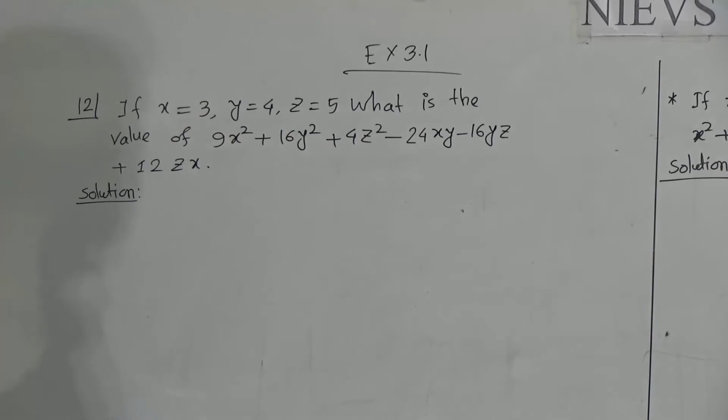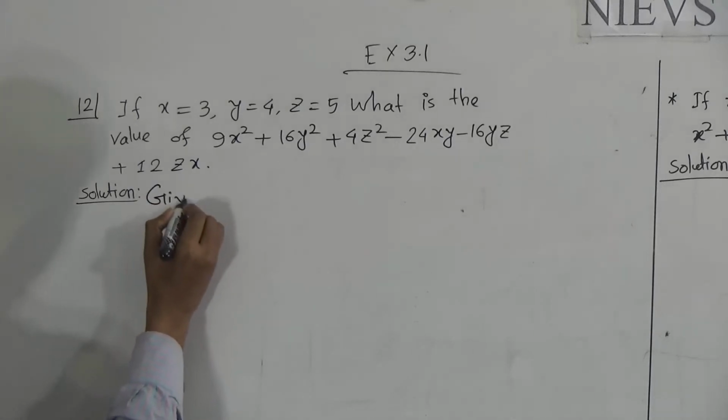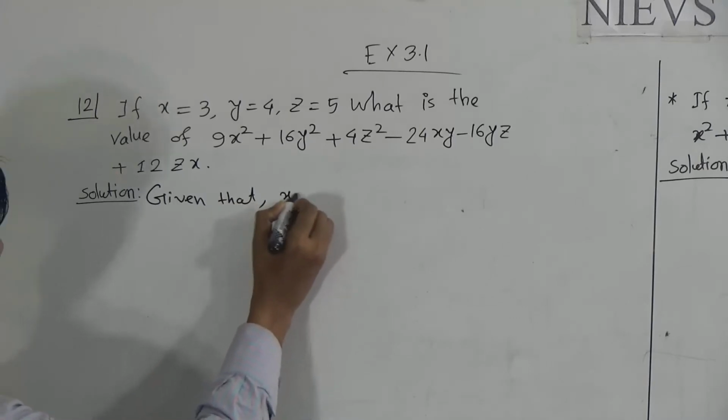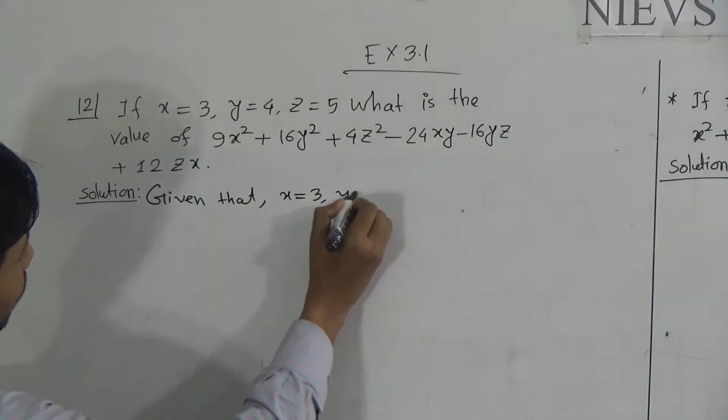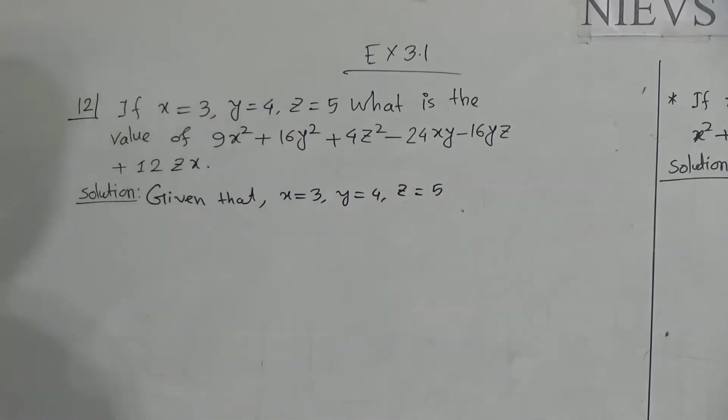But I will show you another process. Let's solve. Given that x equals 3, y equals 4, z equals 5.